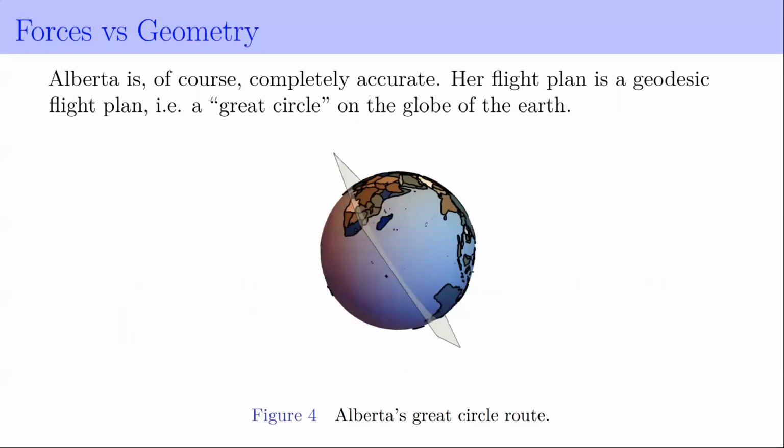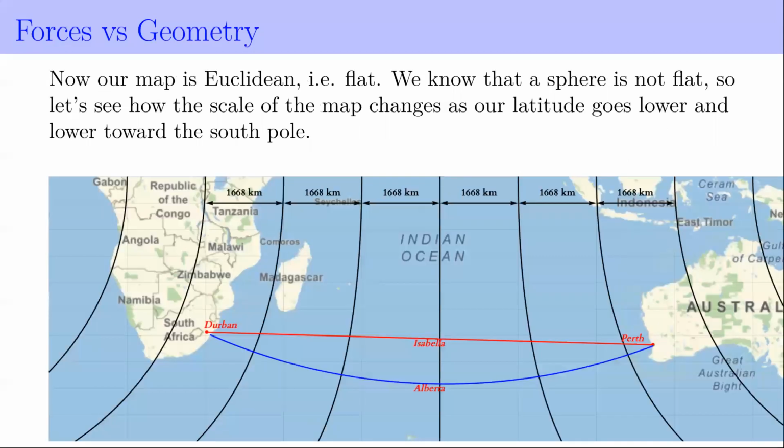So Alberta, of course, is completely accurate. Her flight plan is a geodesic flight plan, a great circle on the globe going from Perth to Durban. Now, our map is Euclidean. It looks like it's flat.